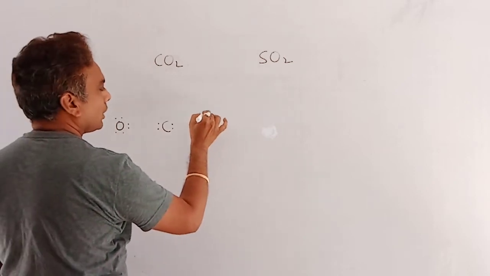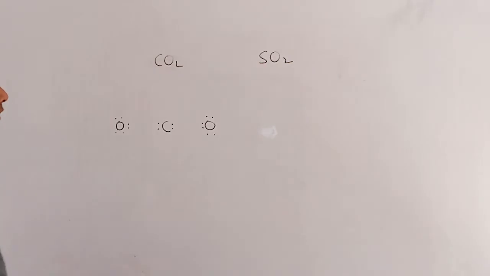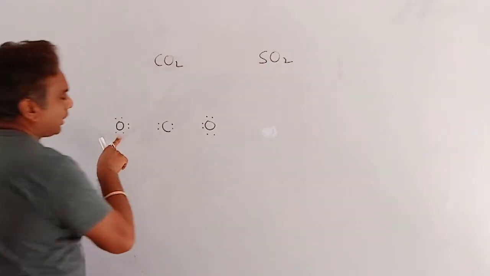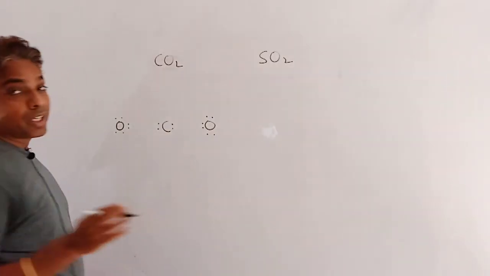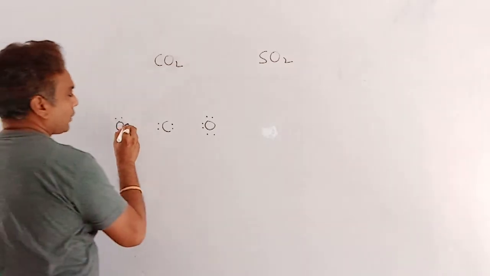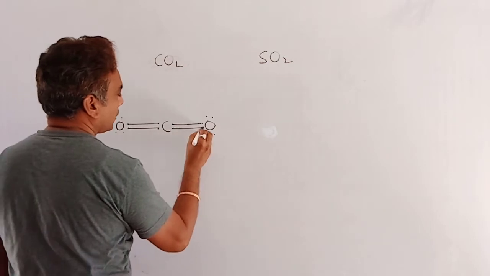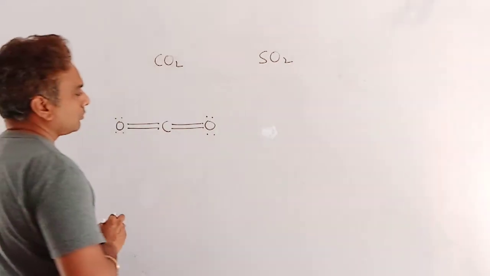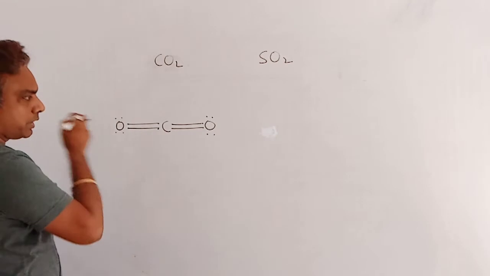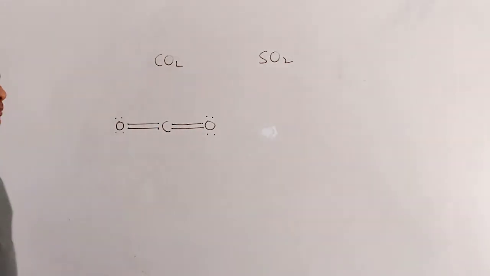Similarly, this one also contains 1, 2, 3, 4, 5, 6. So to complete the octet, 2 electrons are required in case of oxygen, while in case of carbon 4 electrons are required. So after sharing of 2 electrons with one oxygen and with another oxygen, all atoms should be completed. It's octet, yeah. The octet of all atoms is completed. Clear?